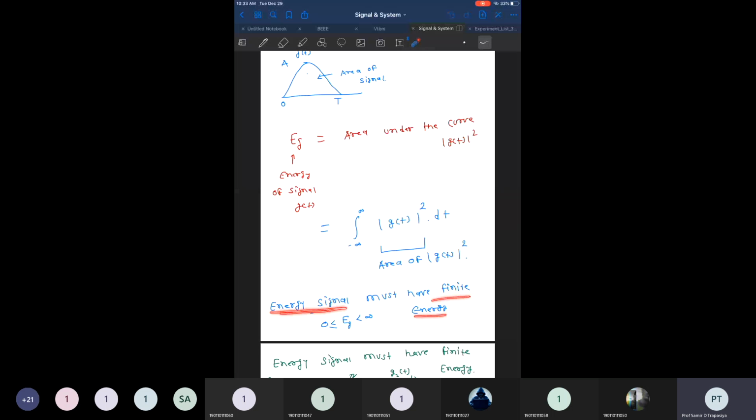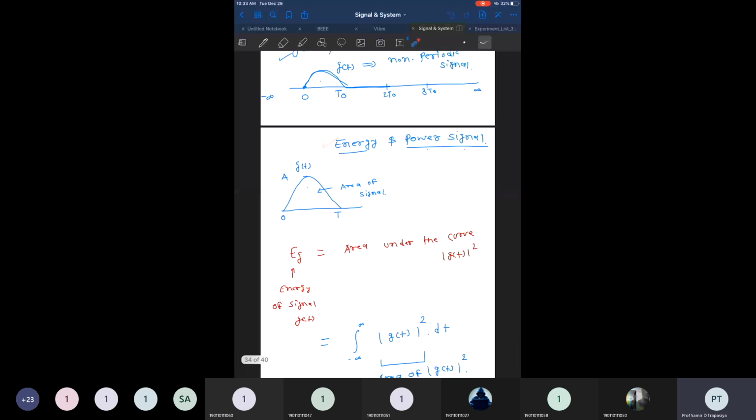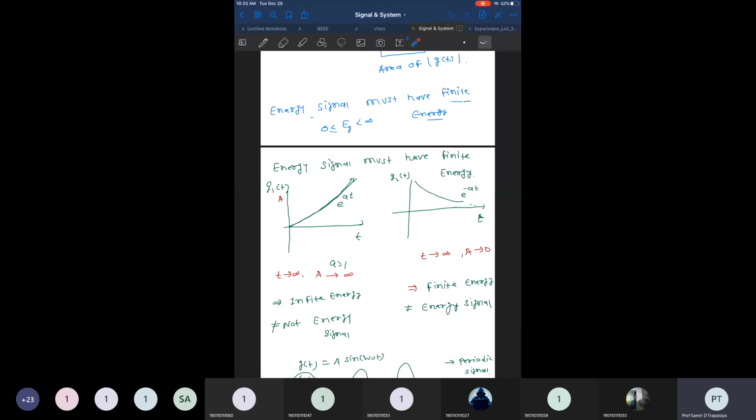For this finite energy, we can mention the condition that the energy falls between 0 and infinity, right? Then the energy is considered a finite energy, and the signal is known as an energy signal. But this energy signal is applicable only if the signal has a finite duration.